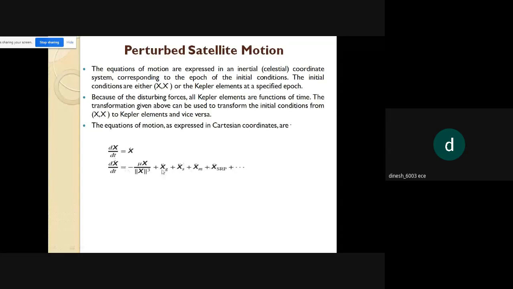So dx by dt is equal to x dot, and dx dot by dt is equal to minus mu x divided by the cube of the norm of x, plus x double dot g, plus x double dot s, plus x double dot m, plus x double dot srp, and so on.